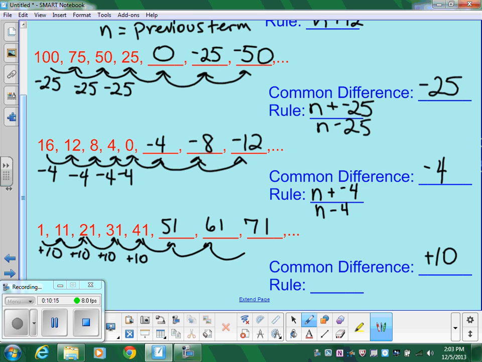Therefore, we construct our rule again, the previous term plus common difference gives us our rule. In the next video, we'll discuss another type of sequence that has a special situation.